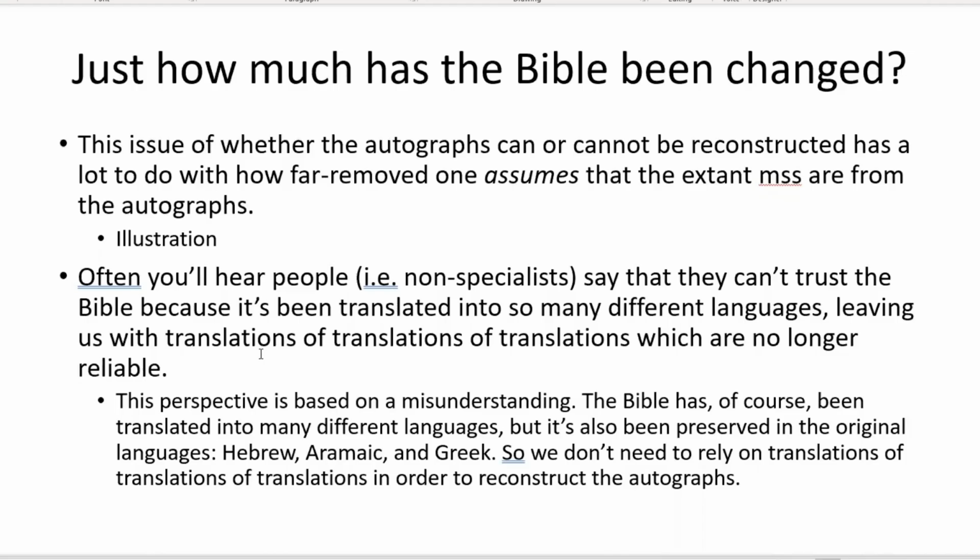We're kind of in the same situation when it comes to the autographs of the New Testament. These autographs have perished. So if someone were to take a hard-lined, skeptical position, claiming that we can't know for certain whether the extant witnesses accurately preserve what the authors themselves wrote, well, he'd be right.